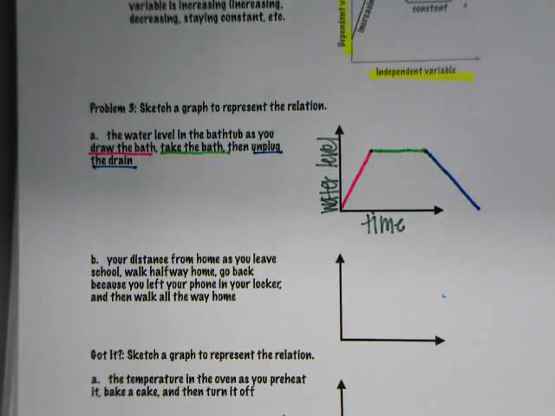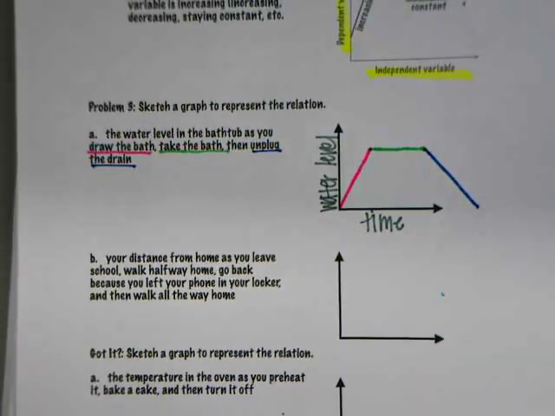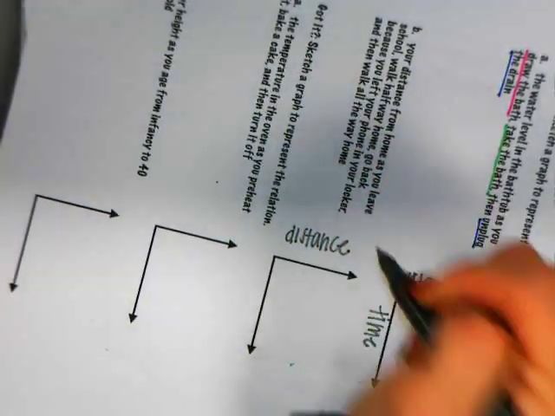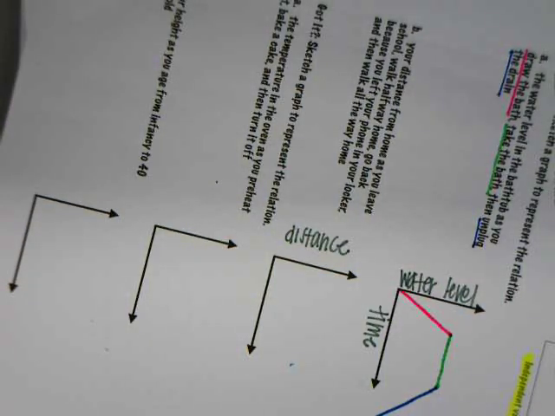All right. B, your distance from home as you leave school, walk halfway home, go back because you left your phone in your locker, and then walk all the way home. So what am I measuring? Distance, be a little more specific. Distance from what?